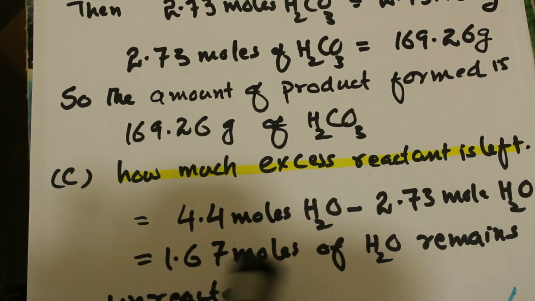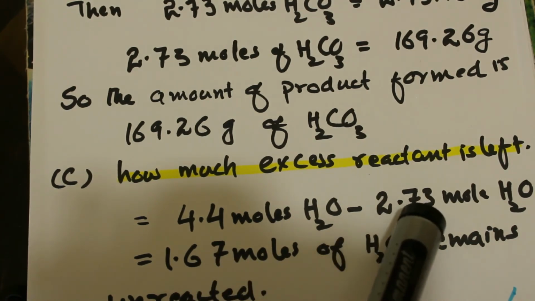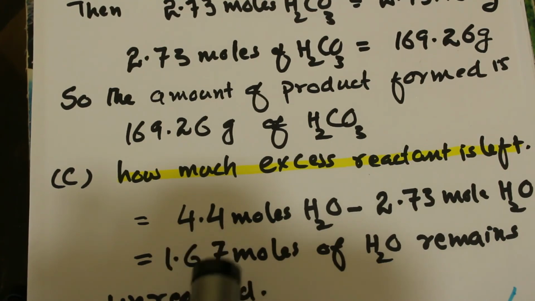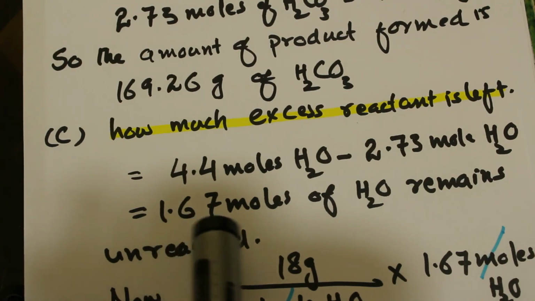So what we do here is subtract the number of moles of water which reacts from the total number of moles of water, which is 4.4, and here we get 1.67 moles of water which remains unreacted.